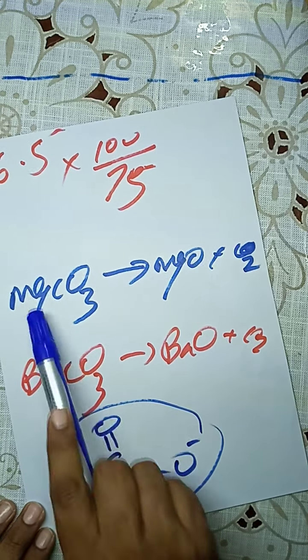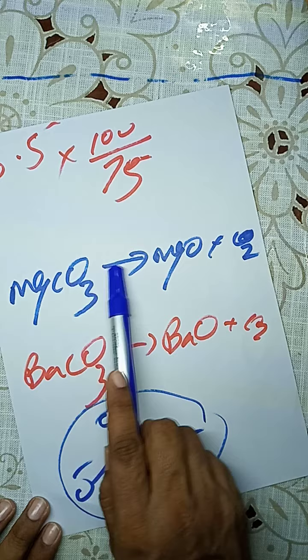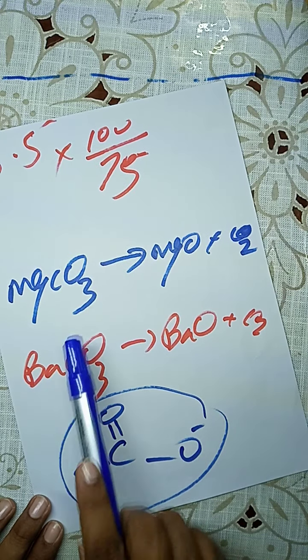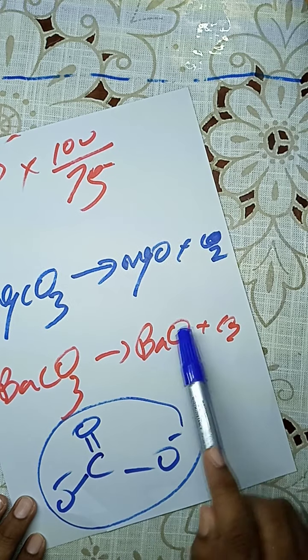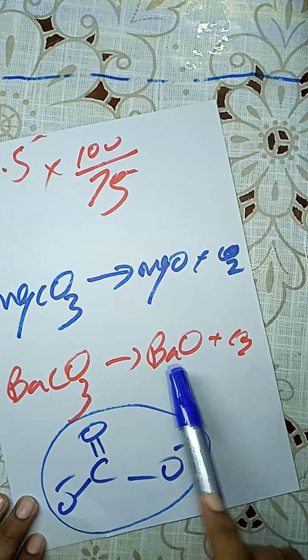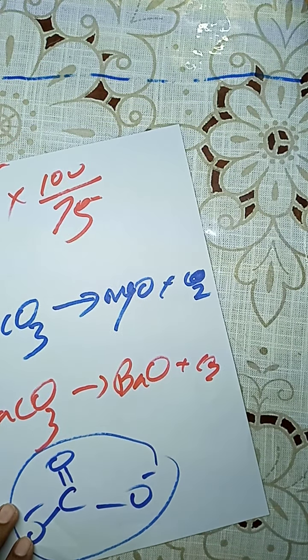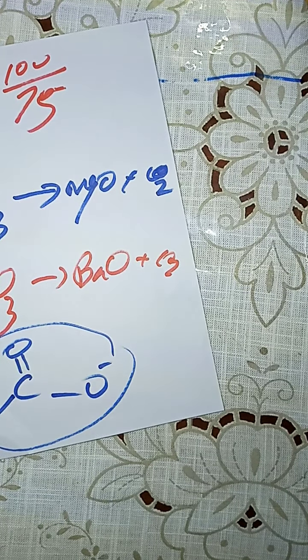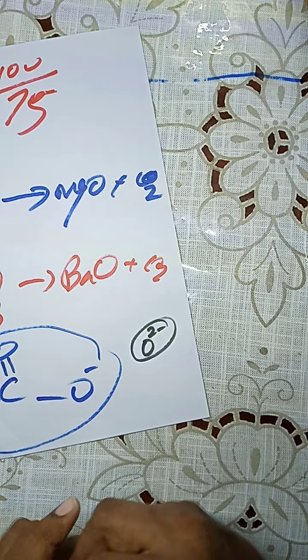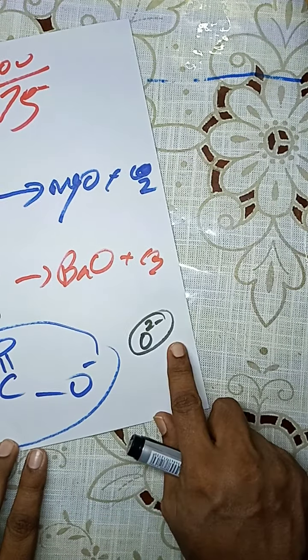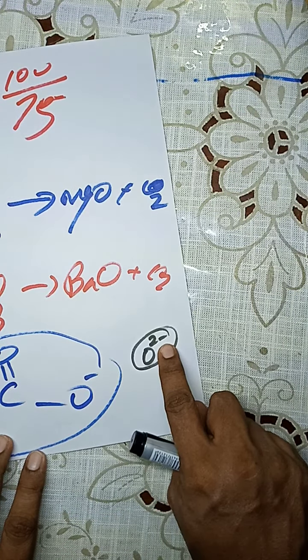Then magnesium carbonate to barium carbonate, interionic distance, and magnesium oxide to barium oxide, interionic distance should be compared. Here compared to carbonate, oxide is very much smaller. Then you have to regard that it is very small.